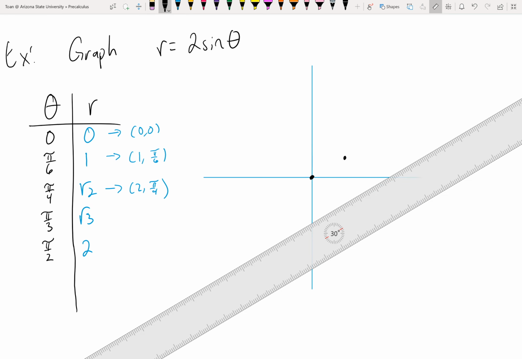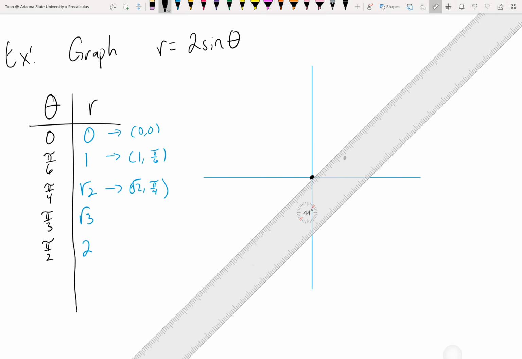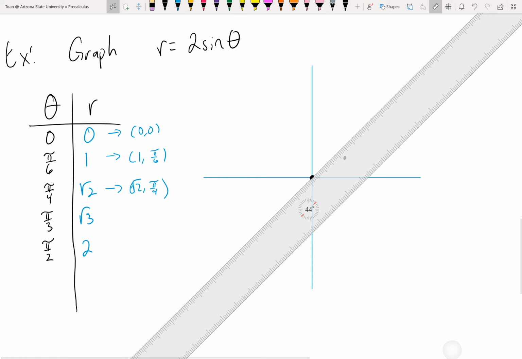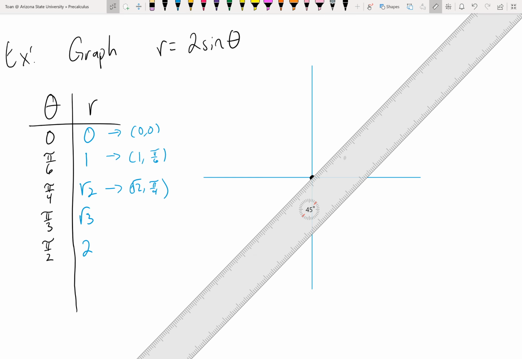Then we're going to go to radical 2 comma pi/4. Pi/4 is 45 degrees. Here's 45 degrees. And then I need to go radical 2. Now radical 2 is about 1.4. But I've made 1 unit 2 inches, so I need to multiply everything by 2.